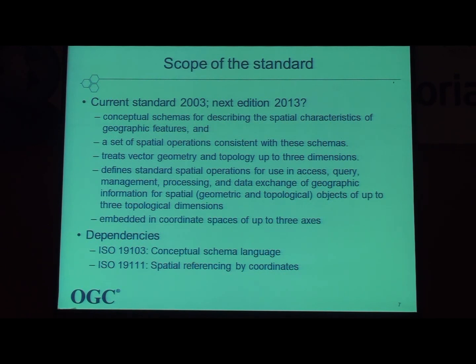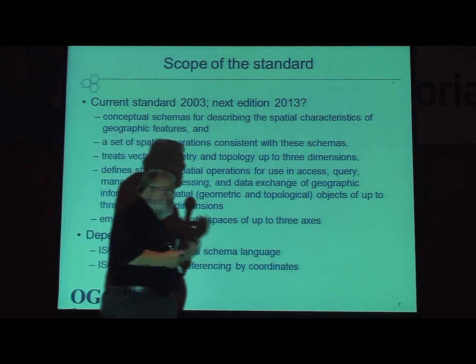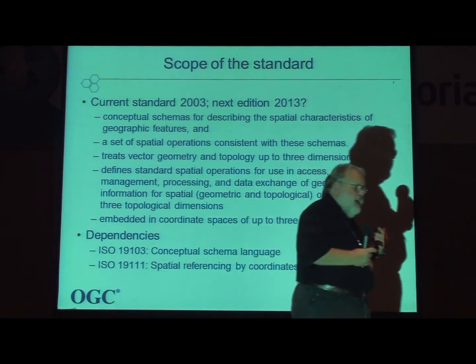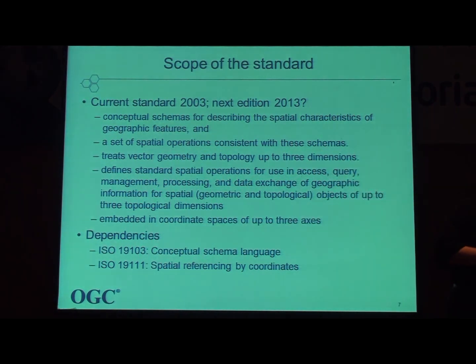So we have at least a primitive for each of the dimensions. And we have to have a set of special operators which both query the data and operate on it to give you the information you need. So that's where the operations were originally there. And this is all words from the standard.